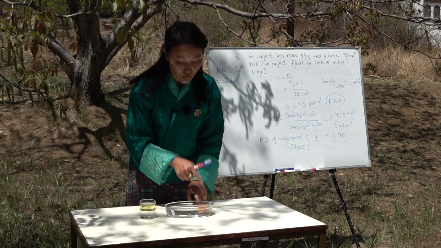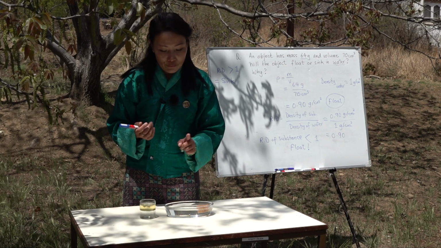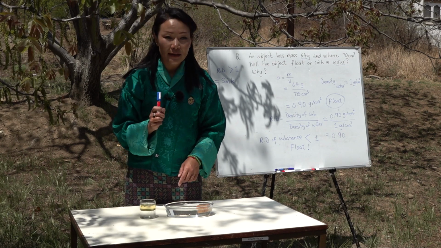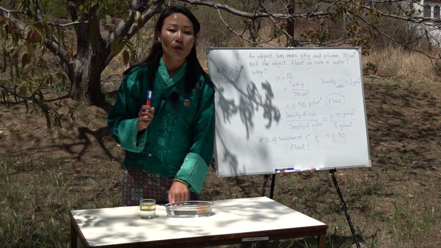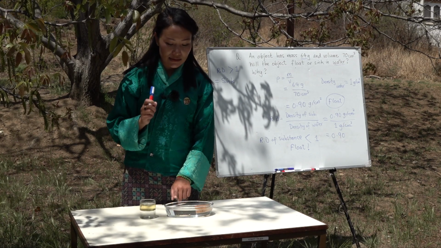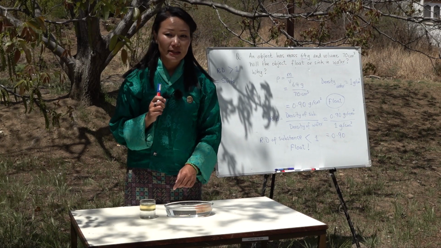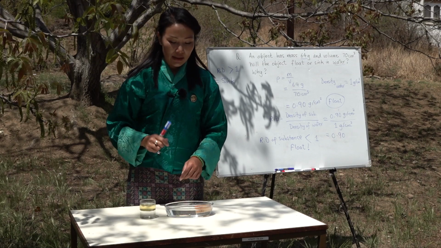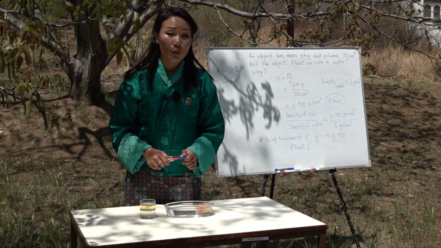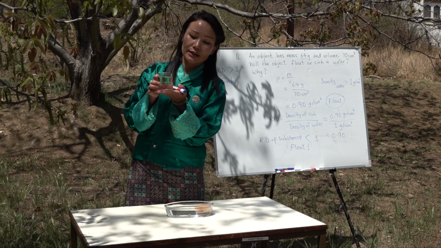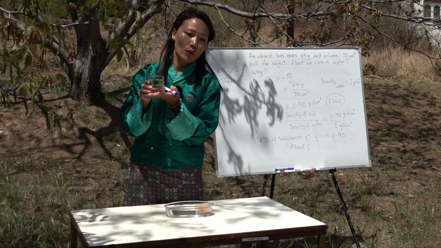That's the reason why the wooden block floats. If you find the density of the iron nail divided by the density of water, you will get the answer as relative density greater than 1. So here the iron nail sinks in the water. Likewise, if you find the relative density of oil and water, you will see that the ratio is lesser than 1. That's the reason why the oil floats on the water.